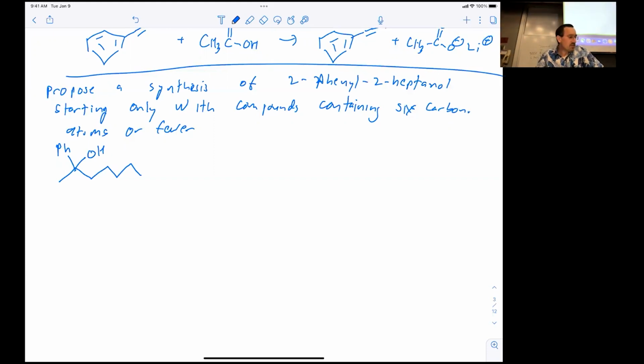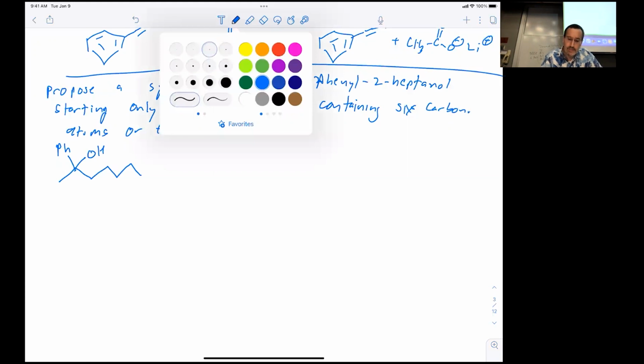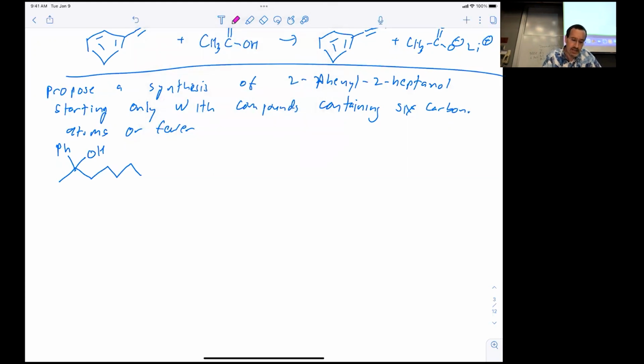Okay, so we look at this molecule and we realize that in the potential to synthesize it, we've learned about reactions that form carbon-carbon bonds, and the product of that reaction ends up being an alcohol.